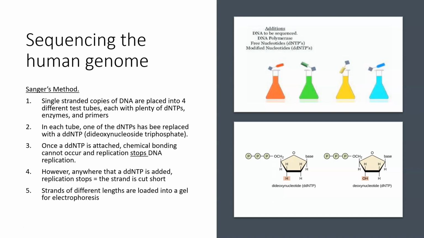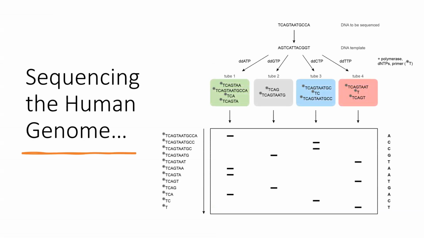Strands of different lengths are loaded into gel electrophoresis. Bands enable you to determine the sequence. So this is how we look at those gene sequences. If we have a look at this, we've got our DNA to be sequenced, then our template strand, and we've got ddATP, ddGTP, ddCTP, ddTTP.